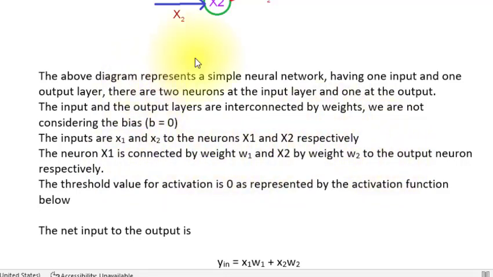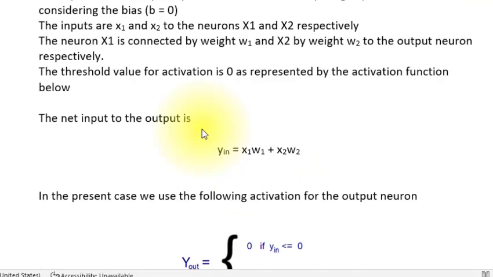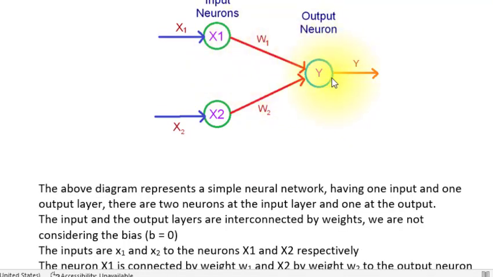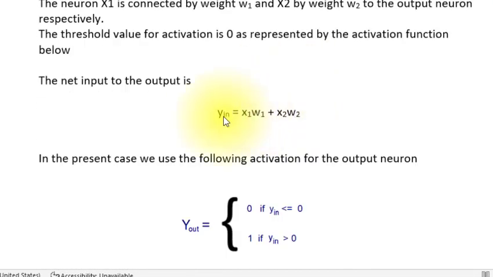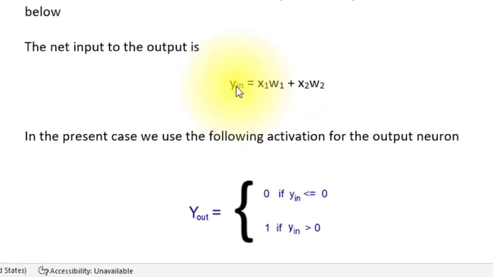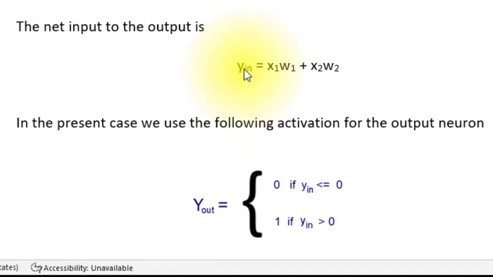In this case we will first find out the net input to this neuron. So this is the formula: y in is called the net input. Net input is given as y in equals x1 w1 plus x2 w2.